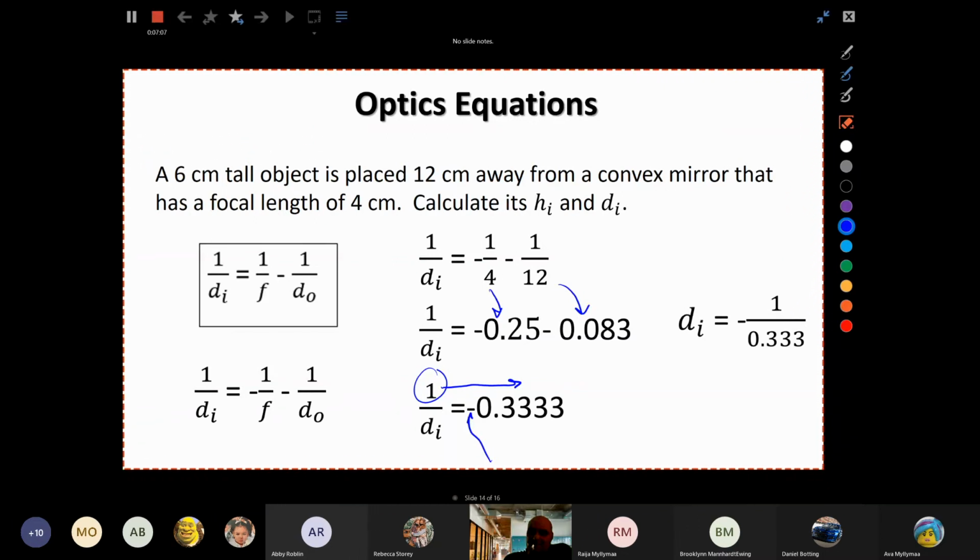So 1 over a third. How many thirds are in 1? I think it's like 3. Negative 3? Oh, negative 3. Good guess. Again, kids, I'll grab the calculator in a sec and show you how to do that.